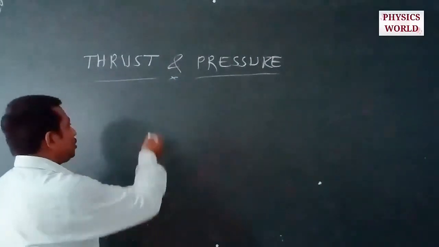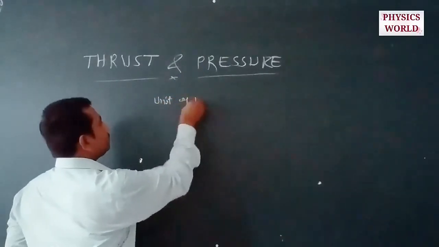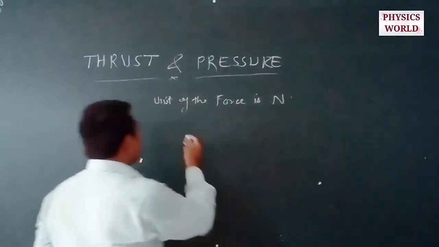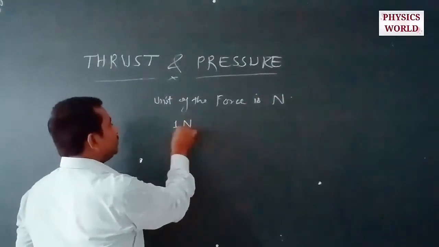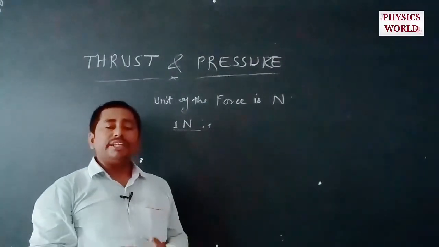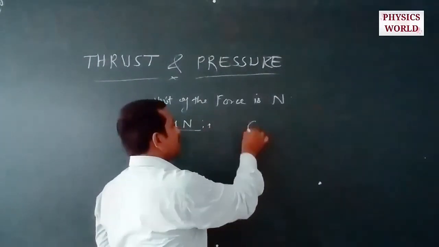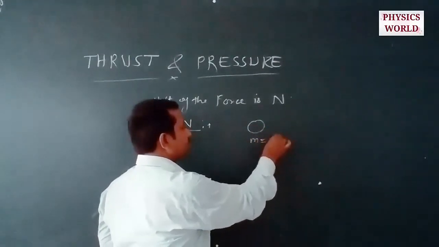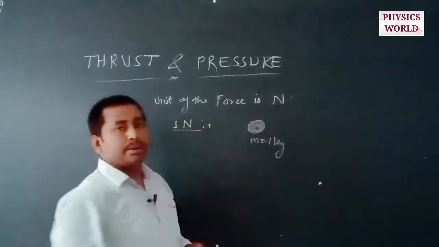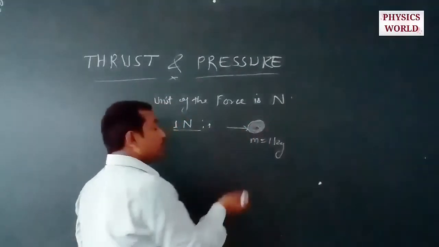As we know, the unit of force is Newton. So, how can we define 1 Newton? What is the amount of 1 Newton? Suppose we have an object of mass 1 kilogram, and we want to move this object by applying some effort on it.